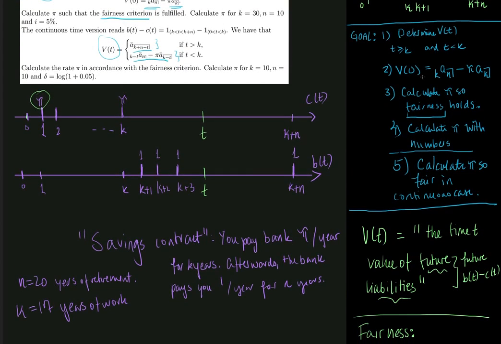And that is why we're interested in V of 0, because if we stand at V of 0, then we are looking at all of the future liabilities discounted back to time 0, right? Then we want the present value of future premiums to be equal to the present value of future benefits. And when I say premiums, I mean pi. So the present value of future contributions should be the present value of future benefits.